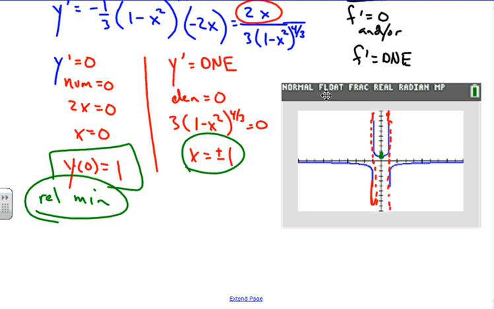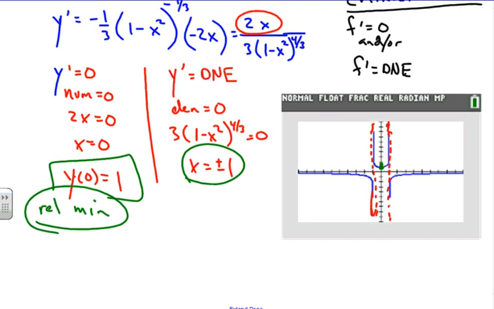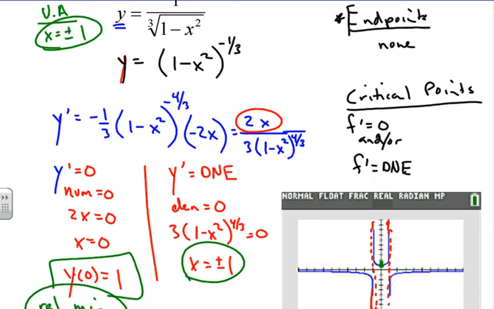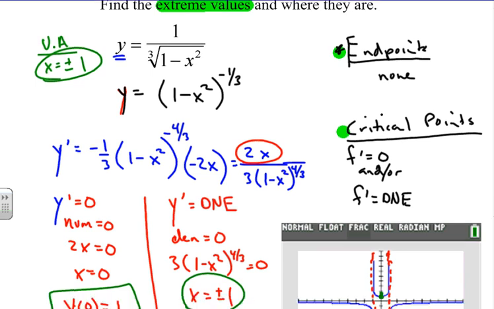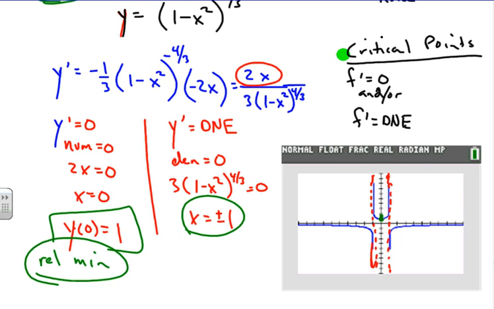Another example, we're going to do another series. If you want to pause this and copy it down, once again, how do you solve these? To find the extreme values, you test the endpoints and the critical points. Once you find them, you plug them in to find the actual relative mins and maxes. Determine if they are actually real, because in this case they were not, so we can cross those out because they didn't apply.